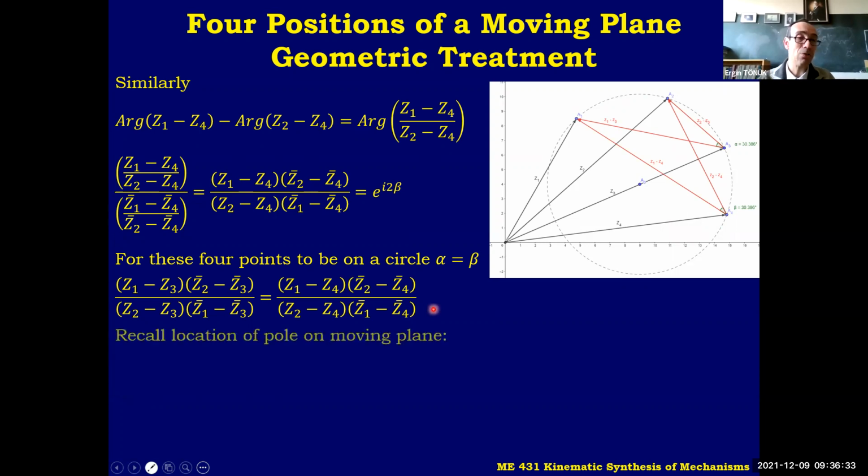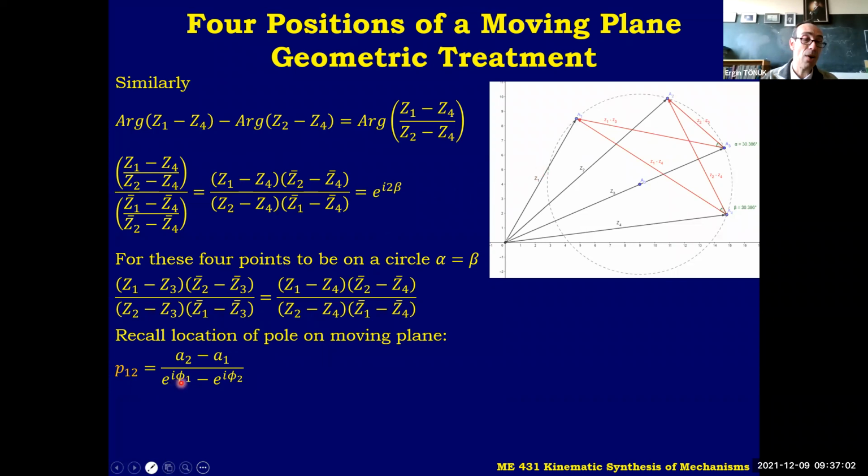Let's return back to 2 positions. We had the location of the pole on the moving plane, which was like this, A2 minus A1, where those A's were complex numbers pointing to the representative points, which can be our Z's as well, if you like.